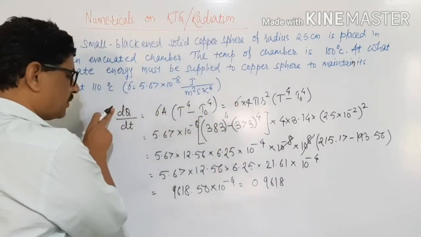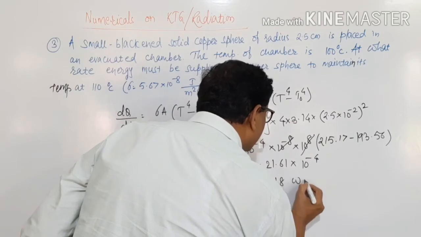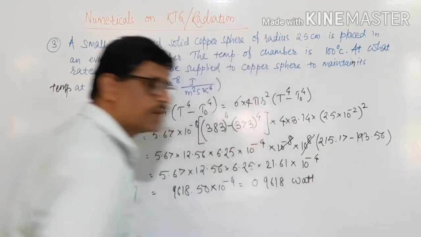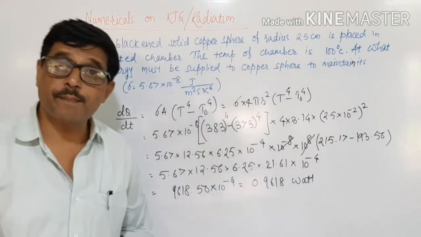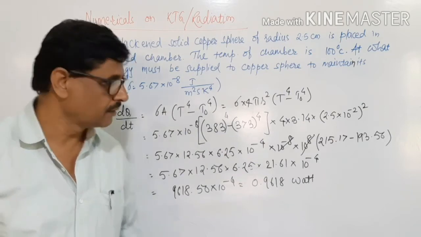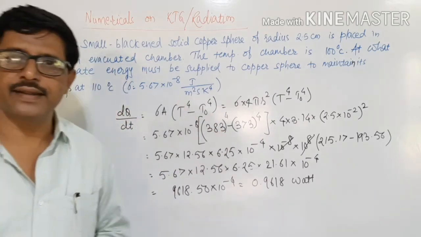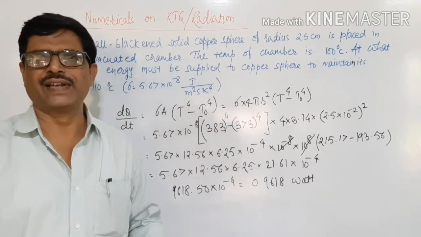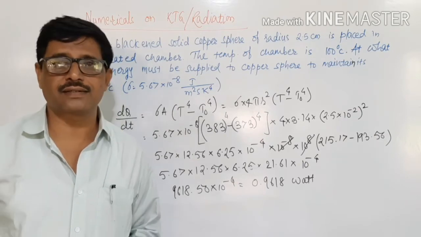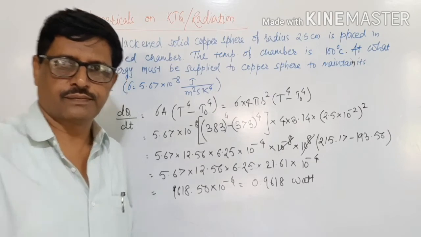It is heat required per unit time, therefore it should be watt. This much energy should be supplied to the copper sphere so that you will get the constant temperature of 110 degrees centigrade. Now we will go for the last problem or numerical in this session.